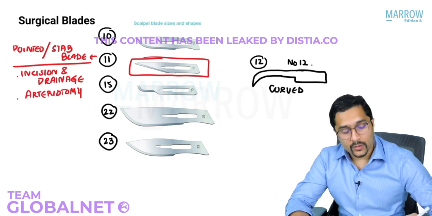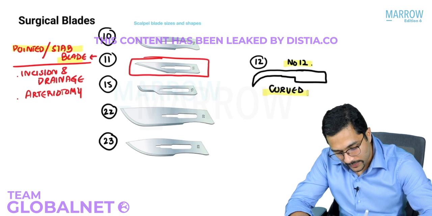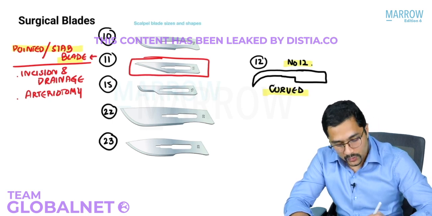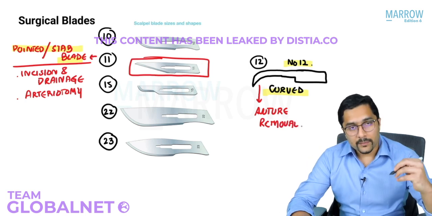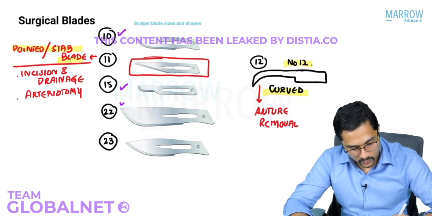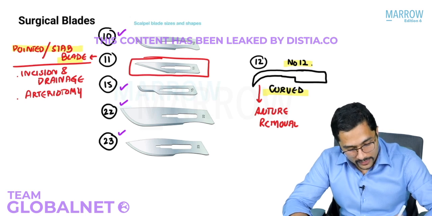Number 12 has also been asked in the exam. Number 12 is a curved blade, and when you have a curved blade like number 12, this can be used for suture removal. So this is what I will use if I have to carry out a suture removal. The other blades, that is number 10, 15, 20, 21, 22 and 23, they all have a belly.